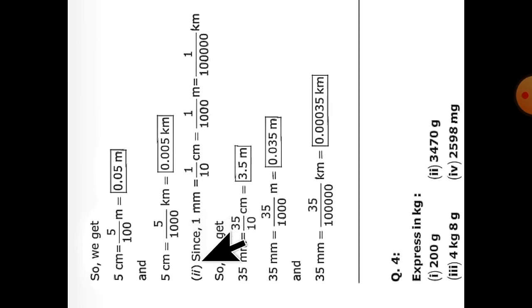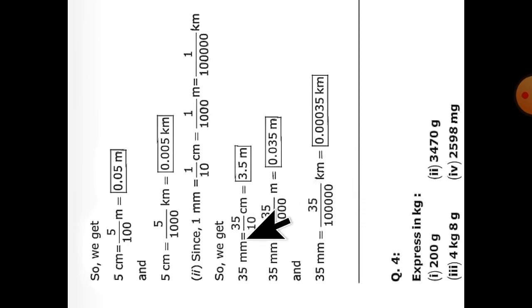Now second one, since 1 millimeter equal to 1 upon 10 centimeter equal to 1 upon 1000 meter equal to 1 upon 1 lakh kilometer. Now 35 millimeter. If you want to convert into centimeter, you will divide by 10. If you want to convert into meter, you will divide by 1000. And if you want to convert into kilometer, you will divide by 1 lakh.